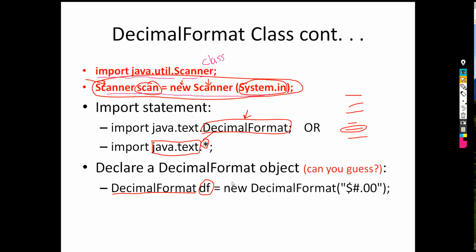And then you have the new, just like this has new. And then you have the name of the class again, and then you have parentheses. In here, these two zeros mean that you want the number to have 2 decimal places.